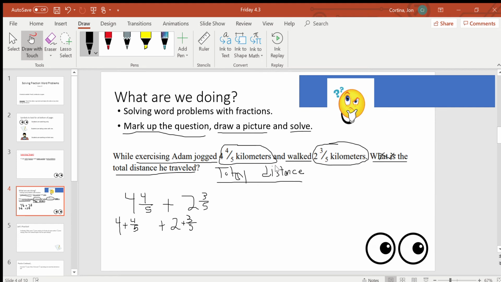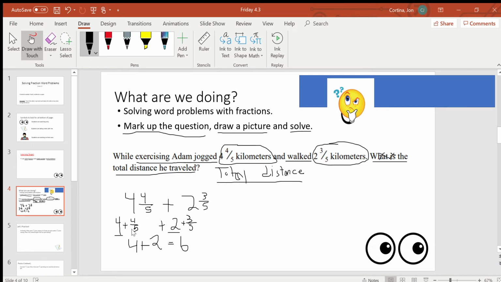Okay. So we're going to start by adding our whole numbers. We have 4 plus 2. Yeah, those are right up here. And we get a total of 6 wholes.